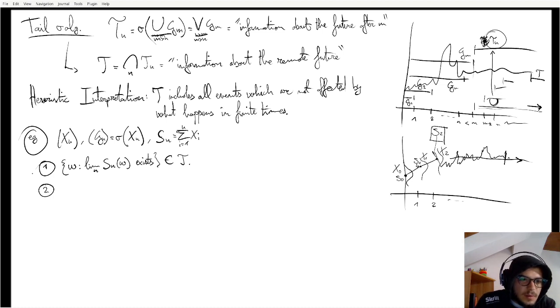Now, second example. Here it says take a Borel set B in the Borel sigma algebra.